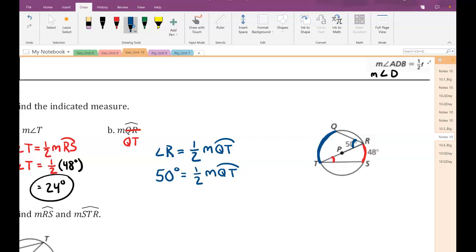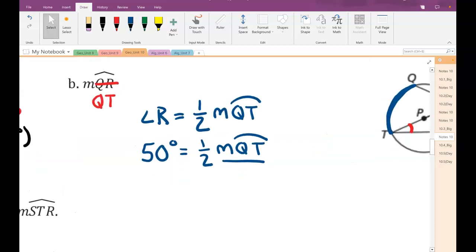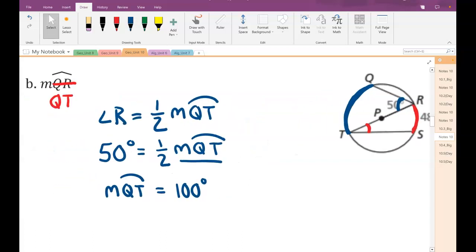This is our unknown that we're trying to find. To get rid of the fraction on this side, we multiply by what's in the denominator, so you multiply by 2. So the measure of arc QT is 100 degrees. It doubles its inscribed angle measurement. Twice as much.